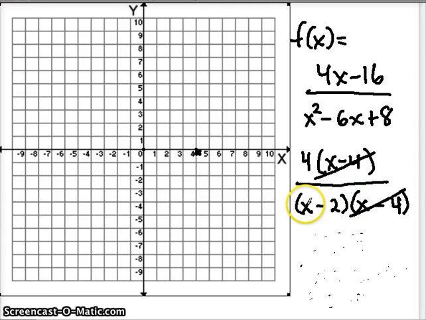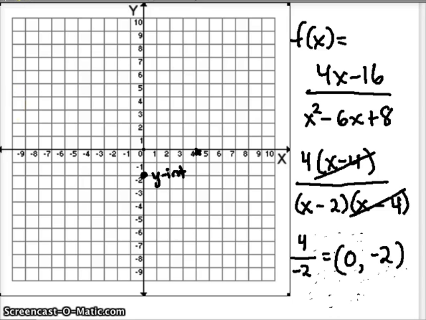And if I plug in 0 for x, what do I get out of it? Well, I know I have 4 on top. And if I plug in 0 here, I get 0 minus 2, which is negative 2. So I have negative 2 on the bottom, and that equals negative 2. 4 divided by negative 2. So if I plug in 0, I get an output of negative 2. That's my coordinate pair, or my y-intercept right there. Okay, we'll label it.